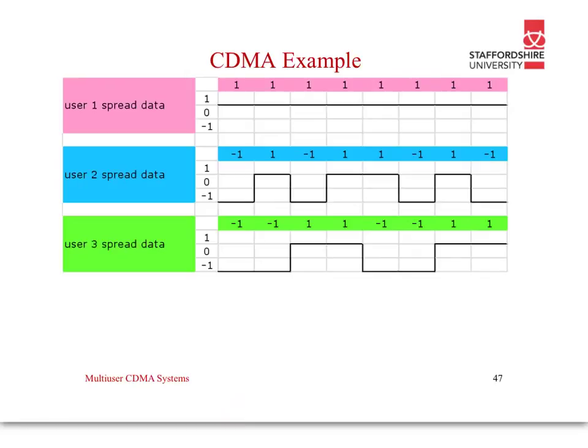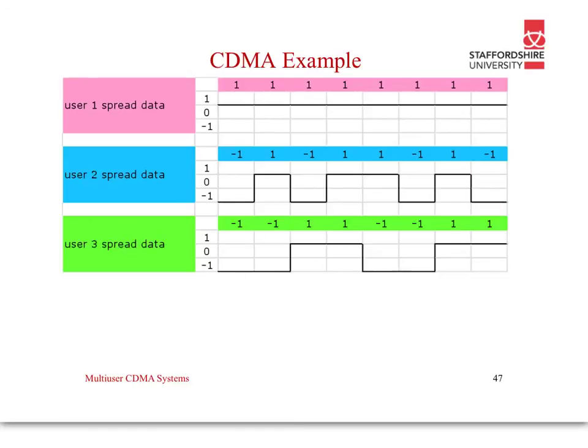If I draw this in terms of voltage waveforms, I've used this representation here. 1 is here, 0 is at the bottom of the cell, -1 is represented by the bottom line. User 1's spread data is all the ones. User 2's spread data is this waveform as shown here: -1, 1, -1, 1, 1, -1, 1, -1.